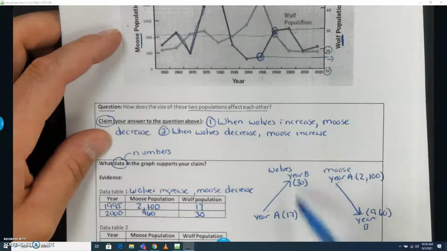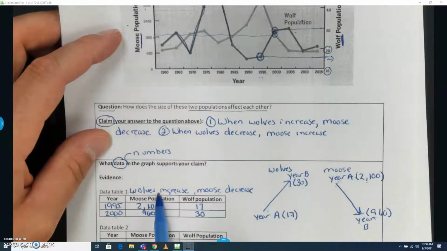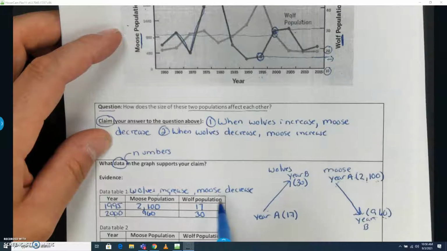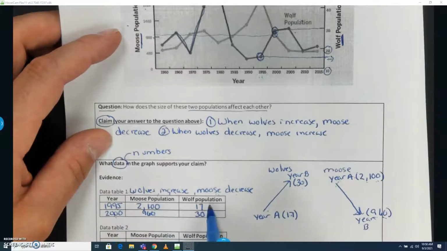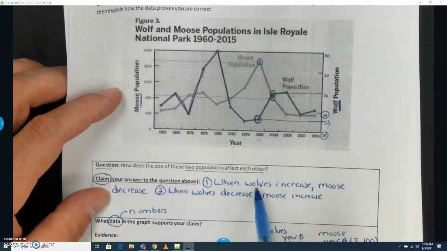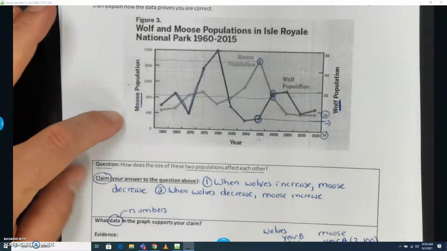This does show wolves increasing from 17 to 30, which is exactly what we need numbers to show. And these two numbers show moose decreasing from 2,100 to 960, which is exactly what we need to show. So we have these 2 years and those 4 data points, numbers, that show that when wolves increase, moose decrease.